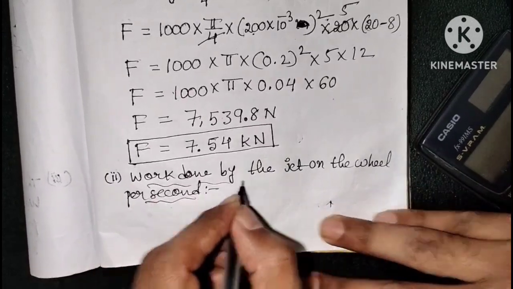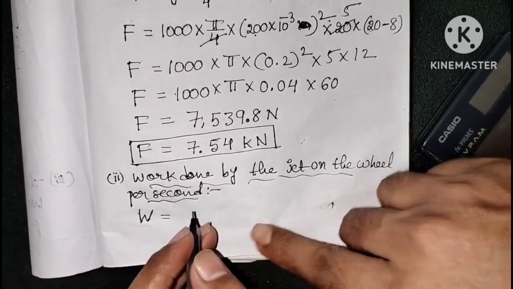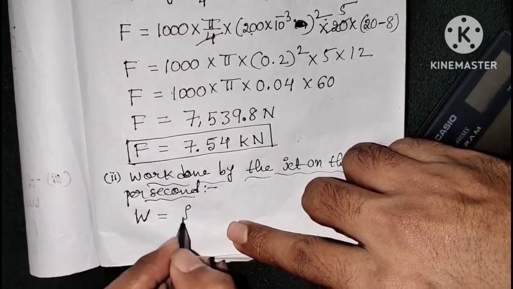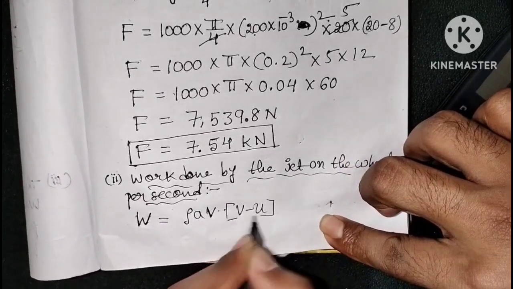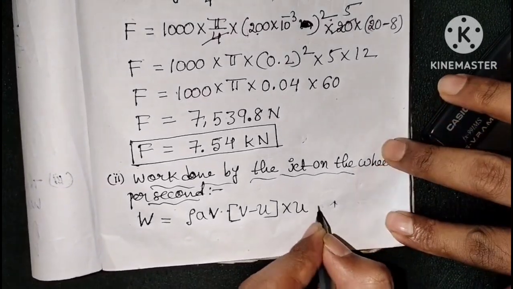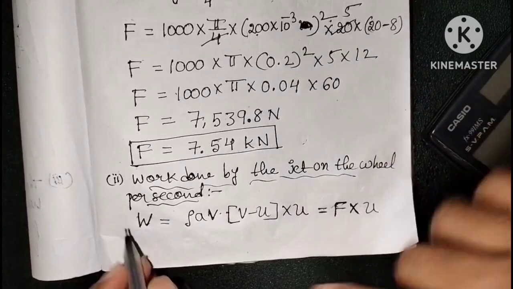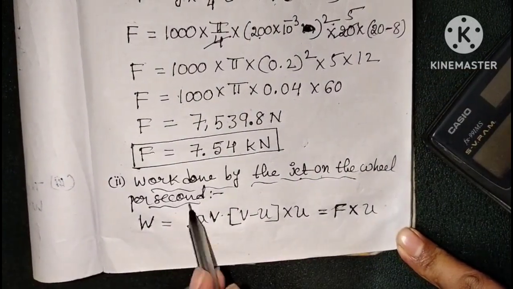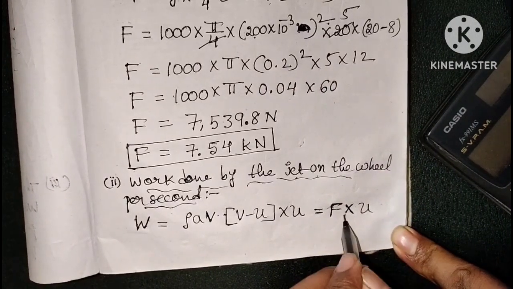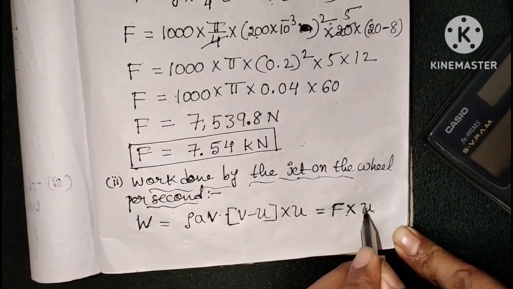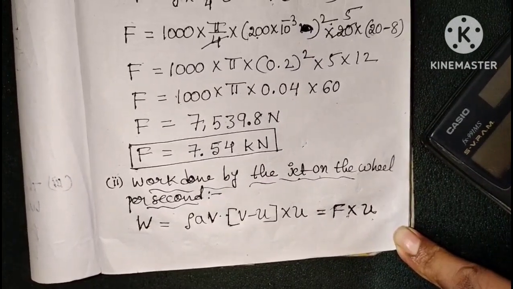So we know that work done by the jet on the wheel per second, W, is equal to rho A V into (V minus U) into U. So actually the formula for this is F into U. So work done by the jet on the wheel per second is equal to the force exerted by the jet on the wheel into velocity of the wheel. So this is the formula.